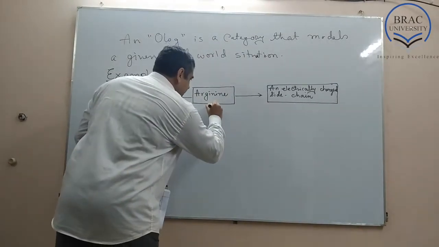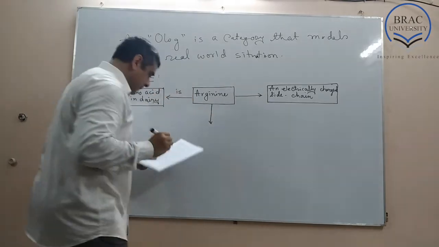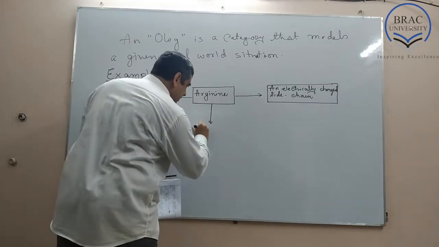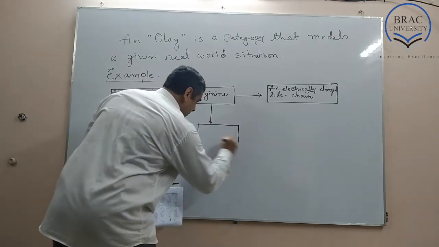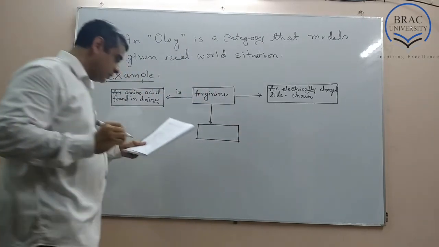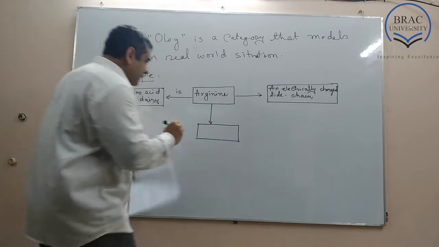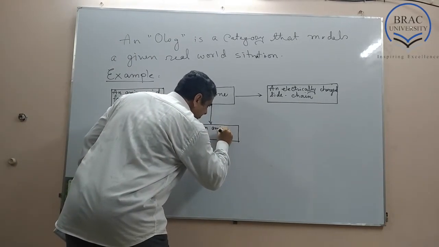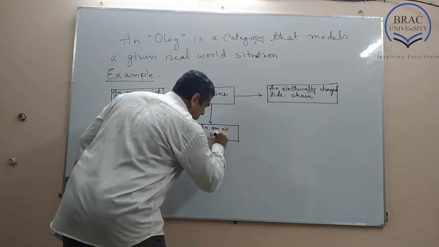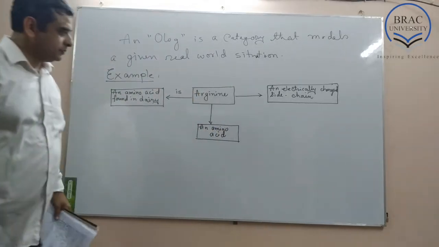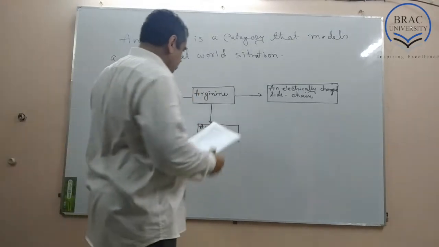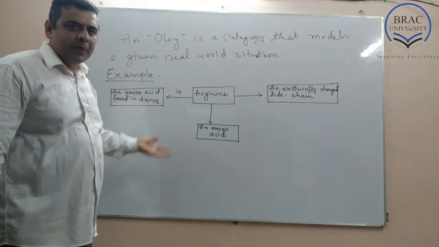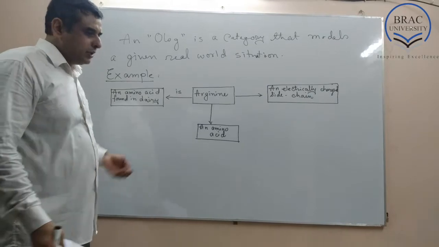So let me draw the Olog first. And then there is another box down here labeled an amino acid. Arginine is a special kind of amino acid, but amino acid can be anything, not just arginine.